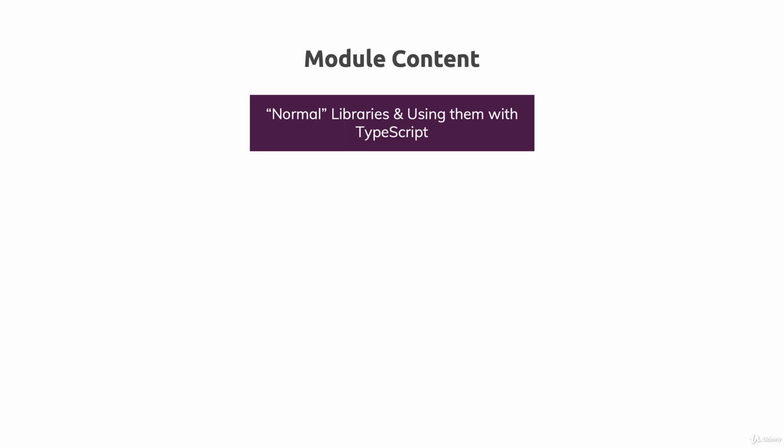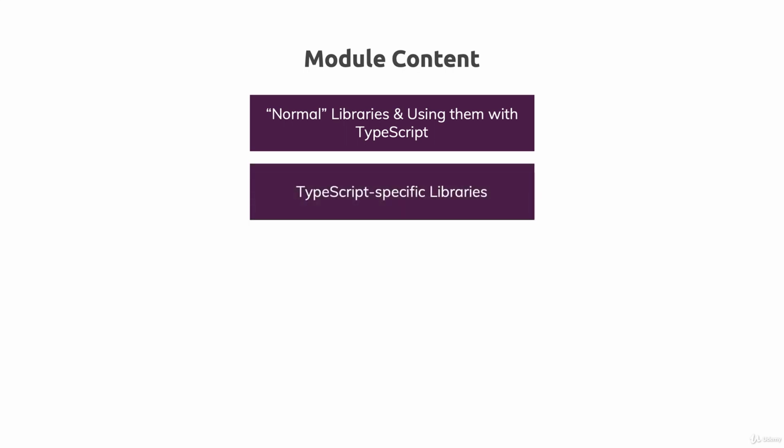But then we will also have a look at some TypeScript-specific libraries. The difference will be that these are libraries that really utilize and embrace certain TypeScript features to give you a brand new way of working with them, to give you certain functionalities you can't build like this with vanilla JavaScript. So let's have a look at both in this module.